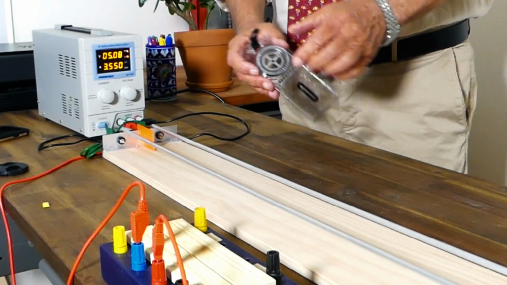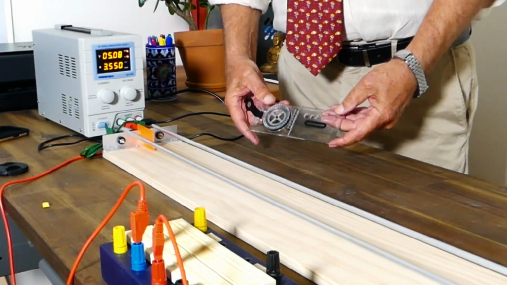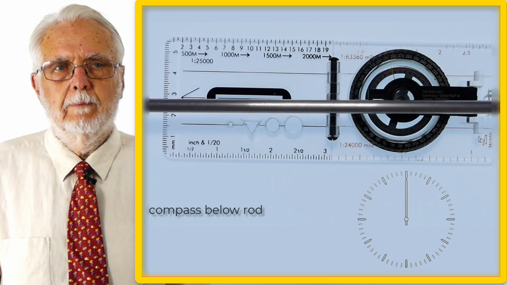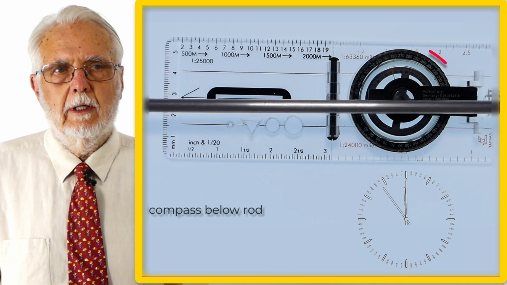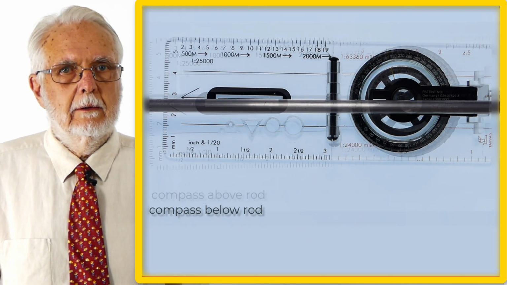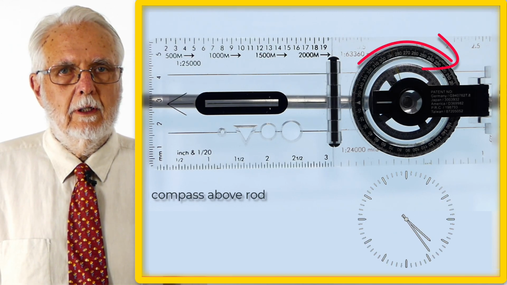We'll use this compass to determine the direction of field using only one rod. Placed below the rod, the compass moves in the anti-clockwise direction. Placed above the rod, the compass moves in the clockwise direction.